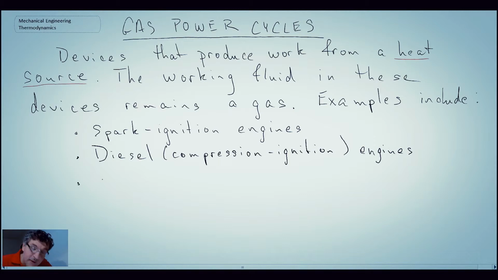Another form, which is a very different design from both spark ignition and compression ignition, is gas turbines. These also fall under the definition of gas power cycles. Gas turbines are used in industrial applications for power generation, but the one you're probably most familiar with is the one hanging underneath, let's say, the wing of a 777 or an A380.